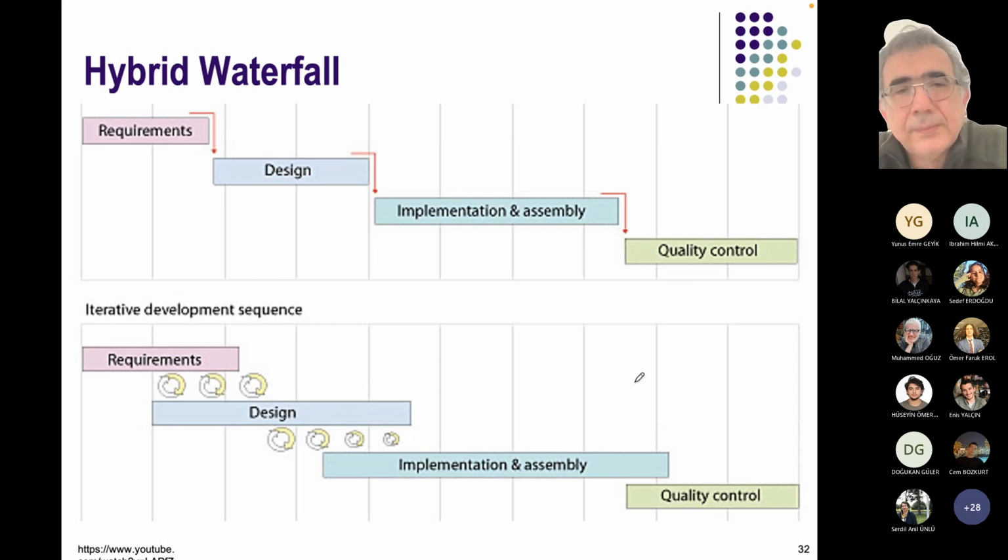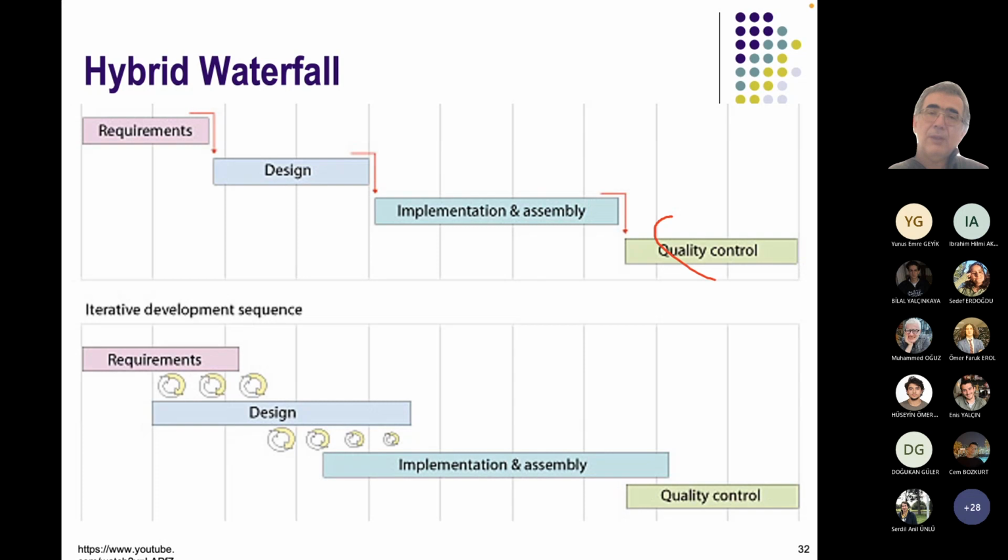Using the first, traditional waterfall project management approach, has requirements done at the beginning, design done after that, implementation and integration and quality control. So here you check the quality.